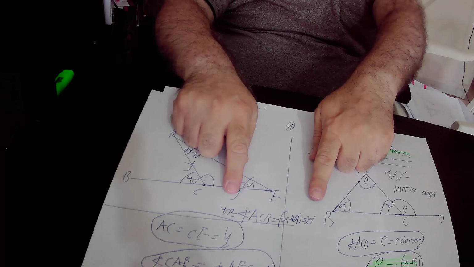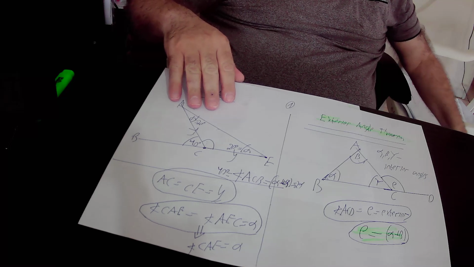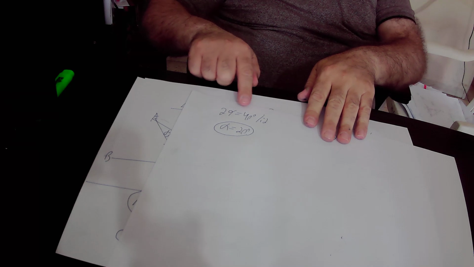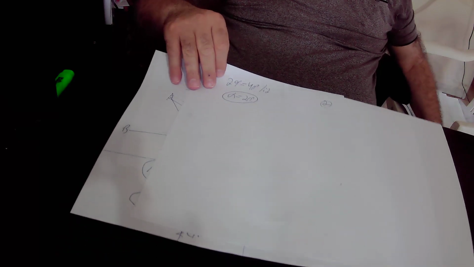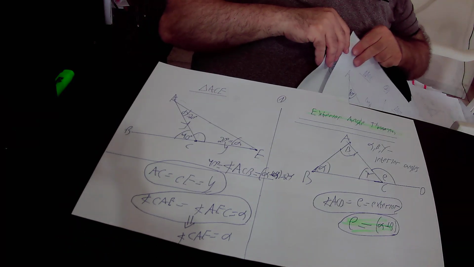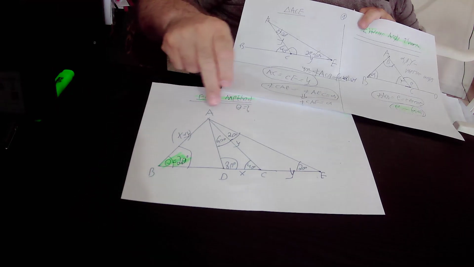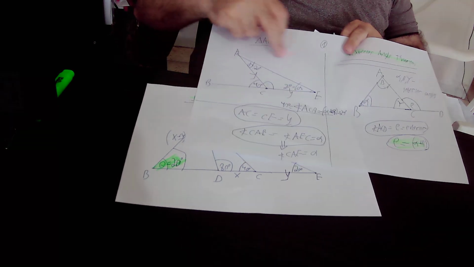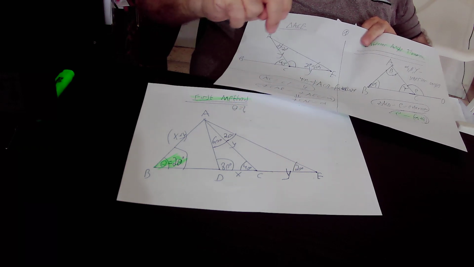So from this equation, we can derive that 40 degrees equals 2 alpha. If 2 alpha equals 40 degrees, we divide this equation by 2 and find that alpha equals 20 degrees. So here angle CAE equals 20 degrees, and this angle AEC also equals 20 degrees because both of them are alpha.